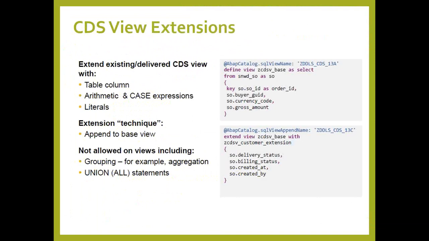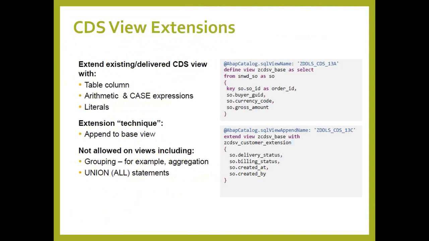So here, to add any fields to a CDS view, there is a new concept called CDS extension. While creating a CDS extension, you have to tell for which purpose you are doing it.